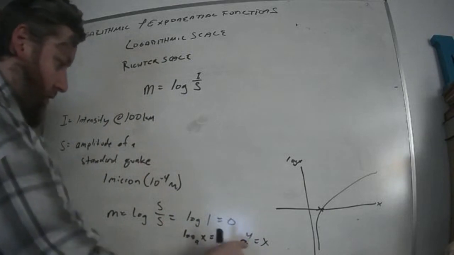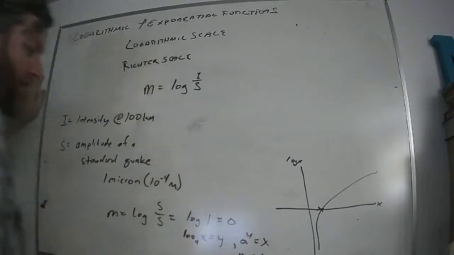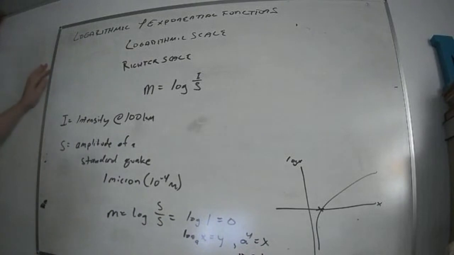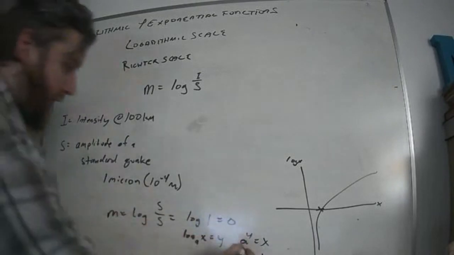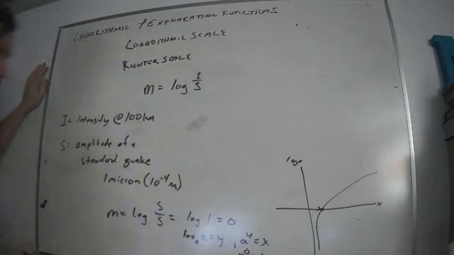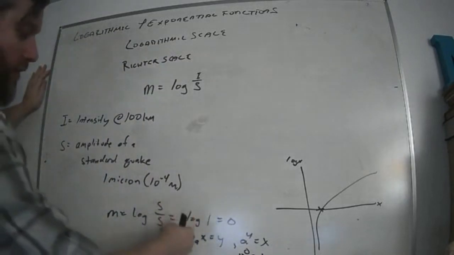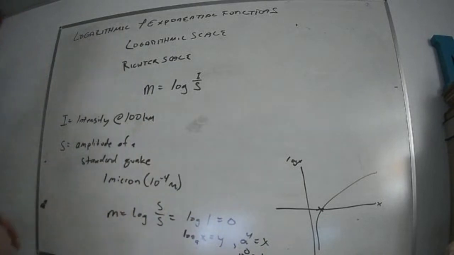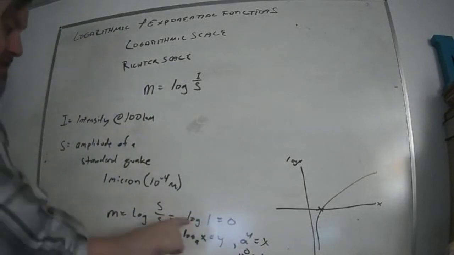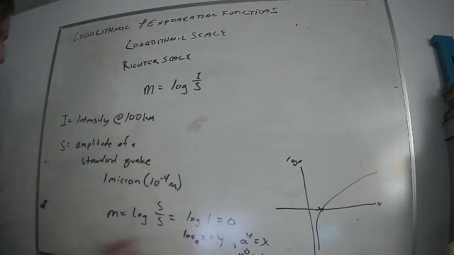And what power do you need to raise 10 to to get to 1? Well, you have to raise it to the 0 power. Anything raised to the 0 power is 1. So the log of 1 is 0. In this case, this is the common log, base 10, and that's what is used in Richter's scale.